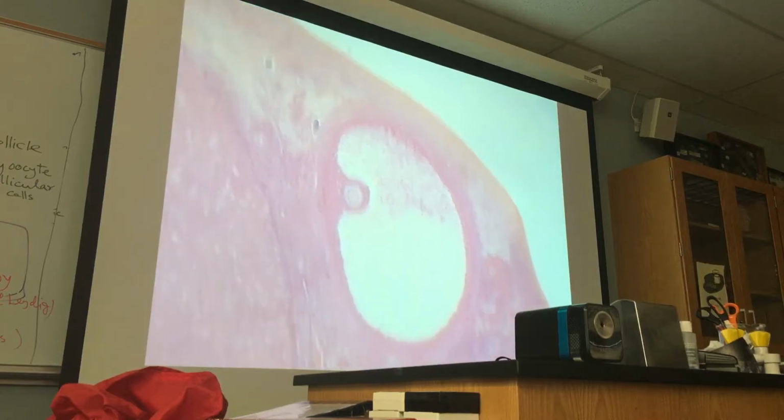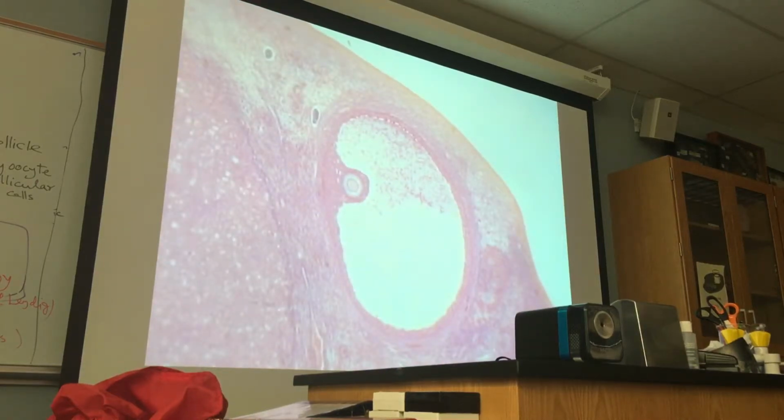If this is a Graafian follicle, then the female gamete is called the secondary oocyte. Now this is ready to be ovulated. When ovulation occurs, that means it has to rupture, and there will be some blood clots.